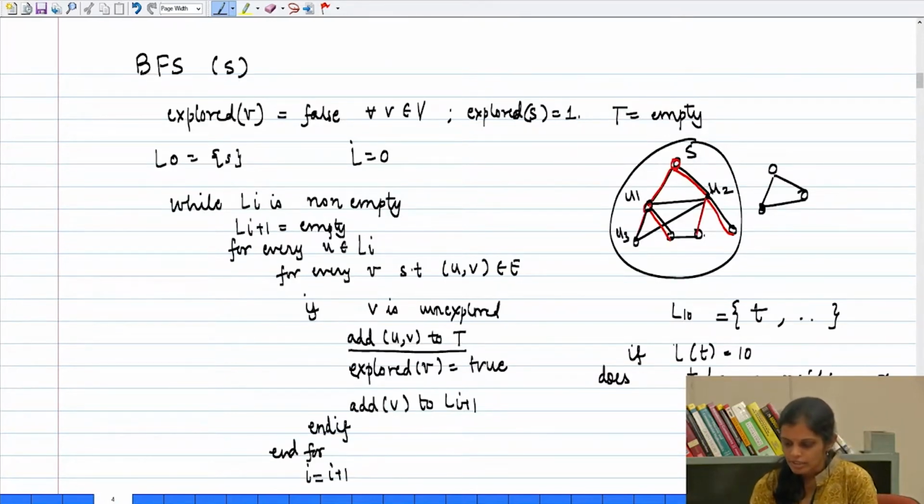When we gave L10, or 10, as the layer number for the vertex T, can we say something more about the path between S and T? We certainly have a path, and what is the length of the path in terms of the number of edges? Layer number, right? Because that is certainly a witness path. We have constructed that witness path.